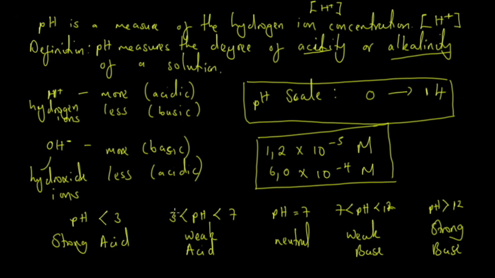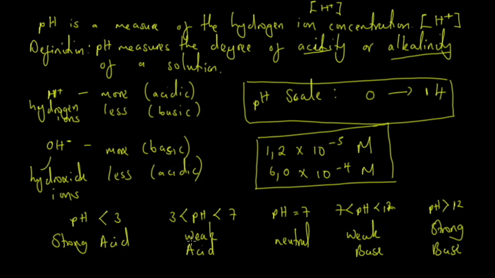And this is the general range, and also the qualitative aspects of pH. So if the pH is less than 3, we would say it's strongly acidic, so the solution is a strong acid. So we measure that pH, and if we find it's less than 3, then it's a strong acid.